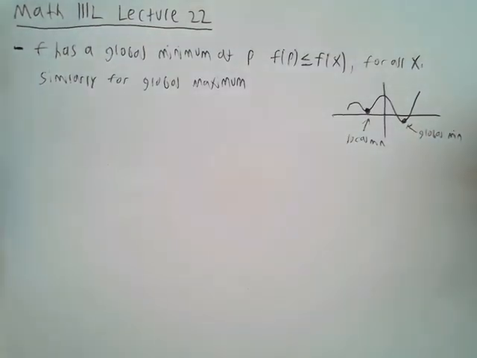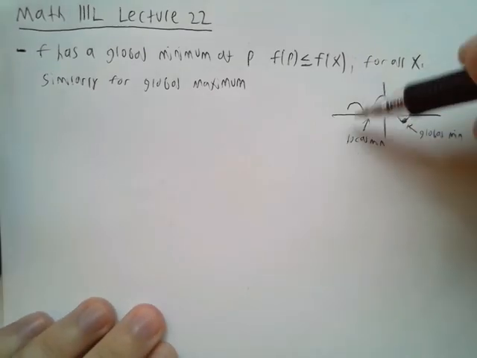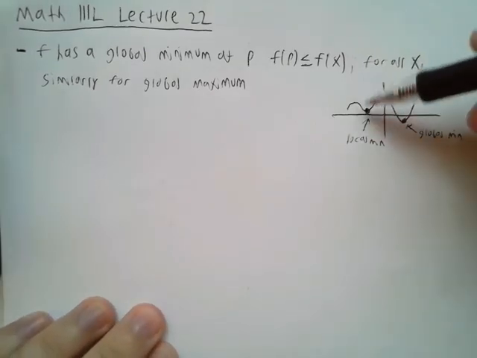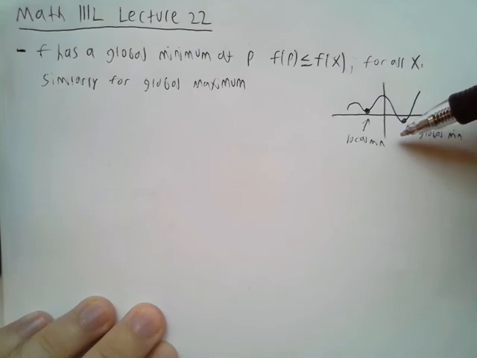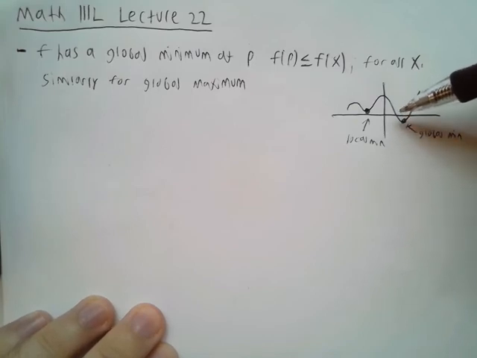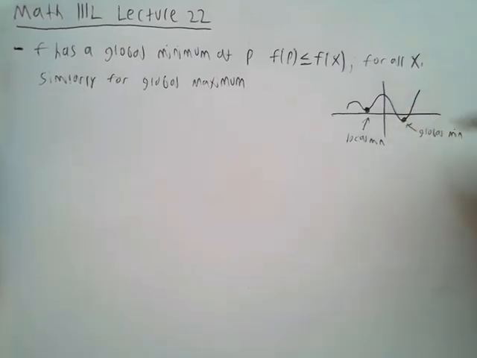So the question is, how can we find the global minimum or global maximum? In this case, we see that the global minimum occurred at a critical point. So the global minimum was also a local minimum. And in general, that's often going to be the case.